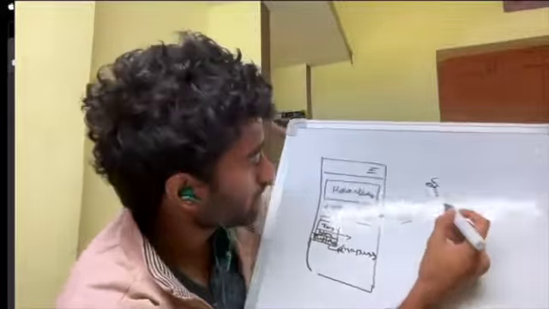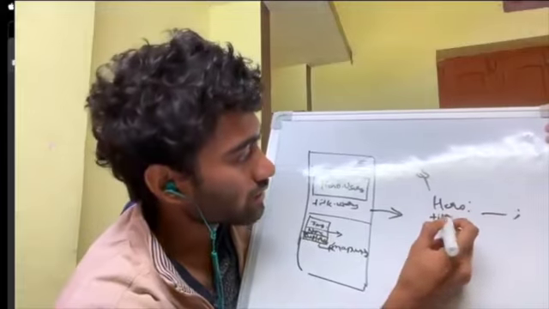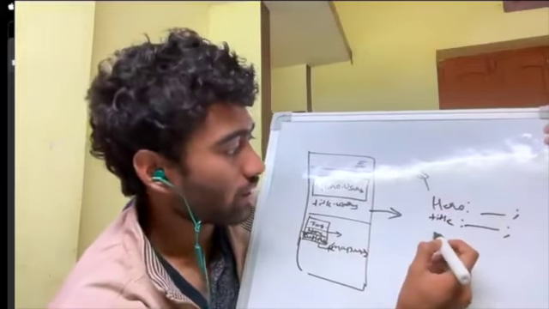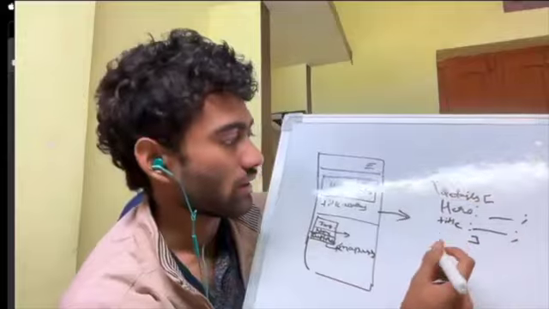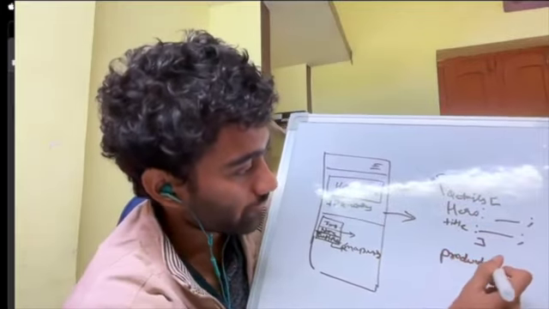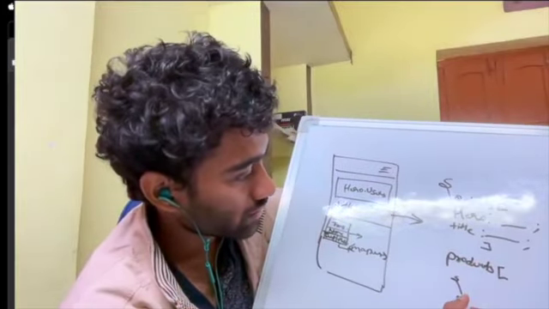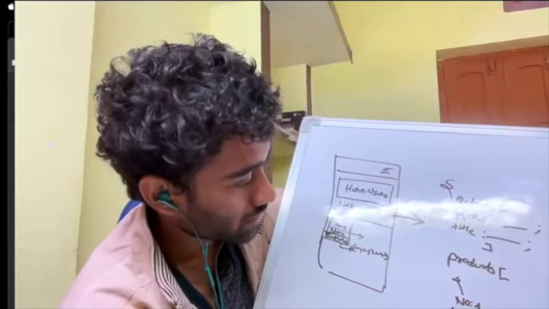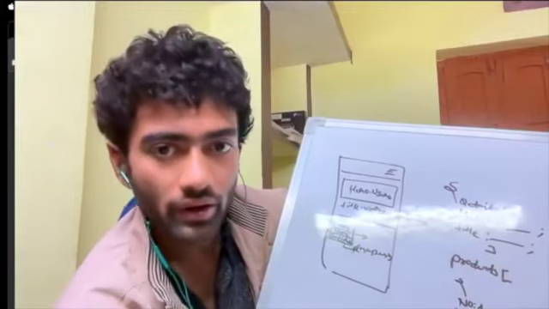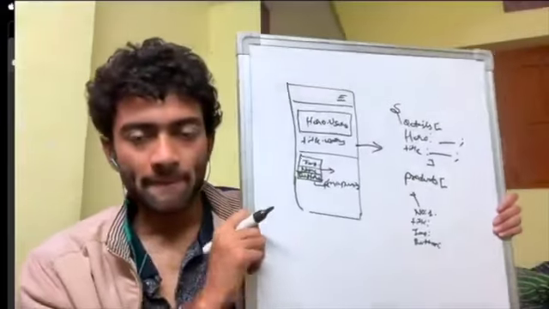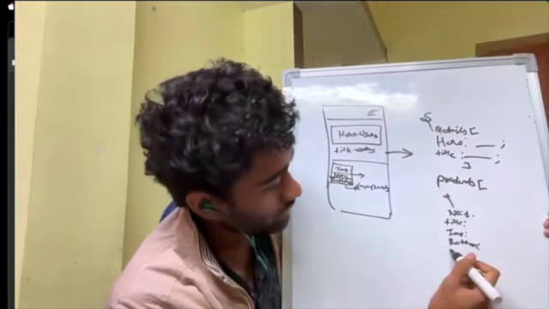It is JSON, and it's going to have hero and then the value, and then the title and then the value, and after this is the details, which is going to be an array, and then we're going to get products, and then number one, title, image, button, and then offer.